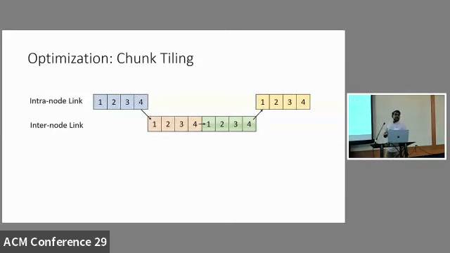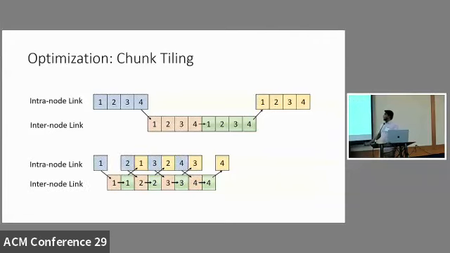As you can see from this picture, when you're doing intra-node communication, your inter-node links are not used, and vice versa. So what you might want to do is subdivide the chunks into 4 parts, and each of the computations is now independent, so you can tile it. By doing so, we have increased the utilization of both inter-node and intra-node communication. Again, our language and runtime make it very easy to do these kinds of optimizations.